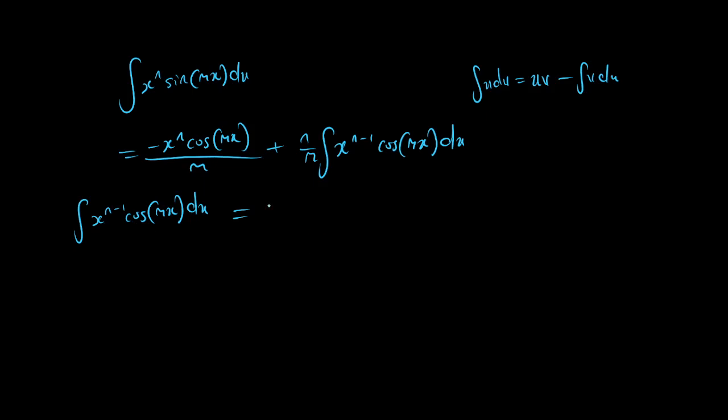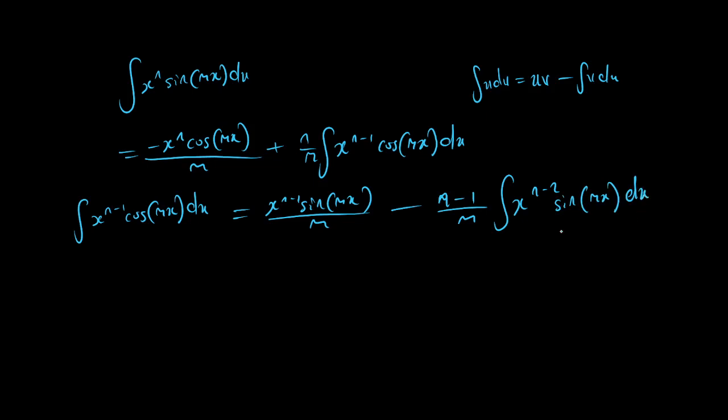So we have x to the n minus 1 sine of mx all divided by m, minus n minus 1 all divided by m times the integral of x to the n minus 2 sine of mx. Now you see what is happening here. We started off with the integral of x to the n, and now we have something with x to the n minus 2. So that should tell you that our formula is almost complete.